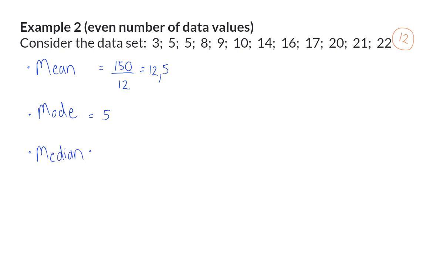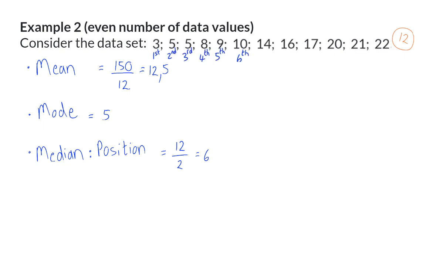will be two values right in the middle. To determine the position of our median, we are going to take our 12 values and divide that by 2, and this will give us the sixth value. It is now important to realize that this sixth value will be the last value in the bottom half of the set.